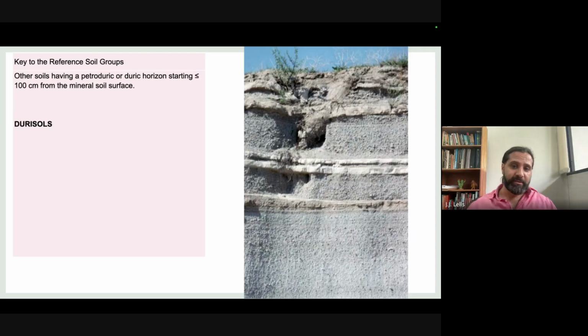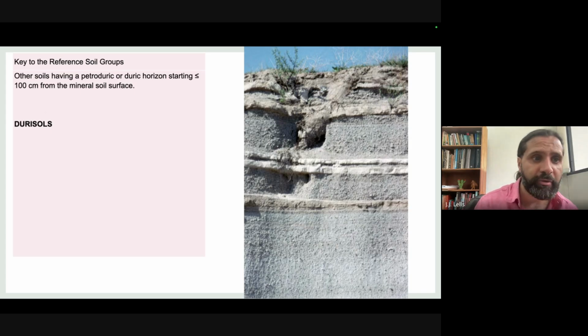Okay, now let's see some soils that have some concentration of materials that also can express some root limitations, root growing limitations, okay? The durisols.